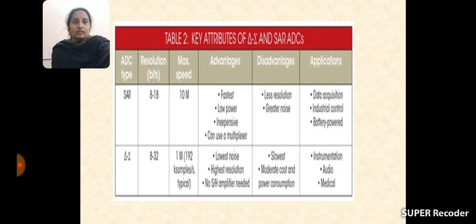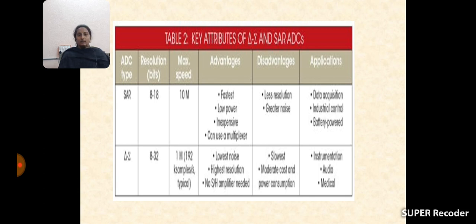See, this table gives the difference between the successive approximation register method and the counting method. Coming to the first one, resolution. Before going to resolution, let us revise what is meant by resolution. Resolution indicates how many discrete steps there are in the output of the analog to digital converter.